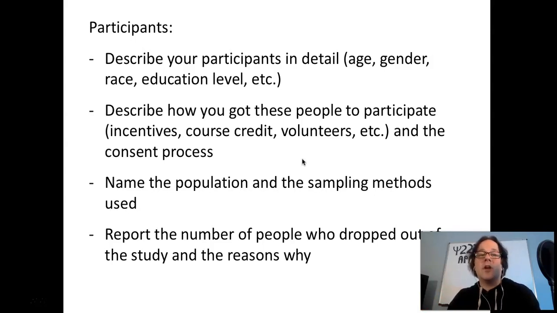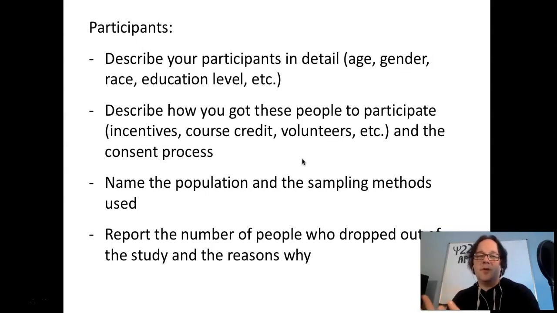You also want to describe how did you get these people to participate in your study. So did you pay them? Were they volunteers? Were they college students that got course credit? How'd you get them to agree? And also, you have to describe that they went through informed consent.